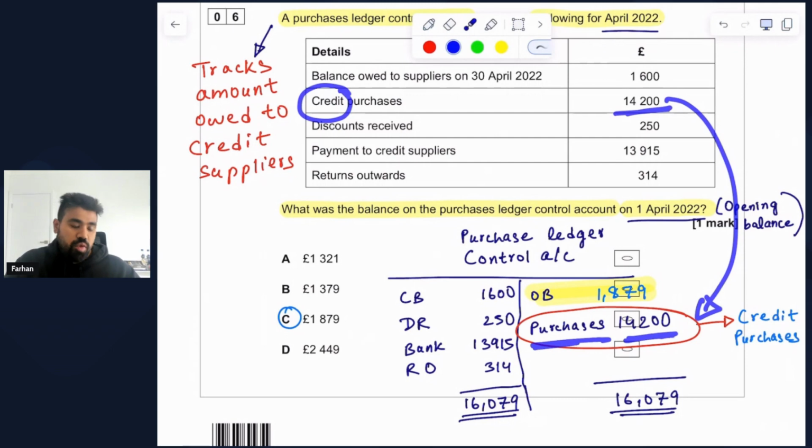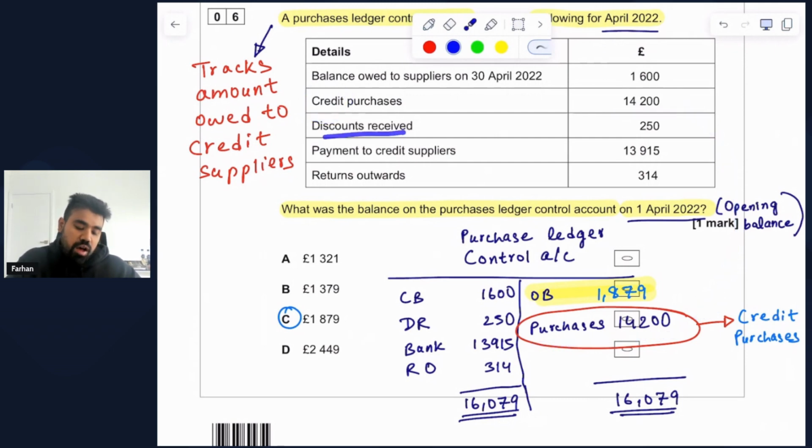Okay, then we have discount received of £250. Discount received happens when we make a prompt payment to our credit suppliers, and because of the prompt payment, they're allowing us some form of discount.